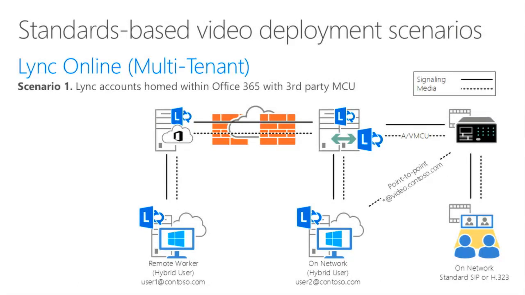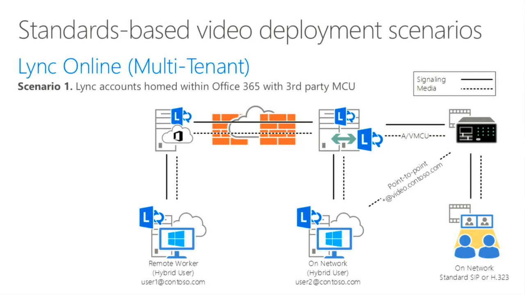The one thing worth pointing out here is that traditionally when you deploy this type of configuration, you have to create a static route on your Lync server. Now, static routes force the traffic to go in a particular direction.